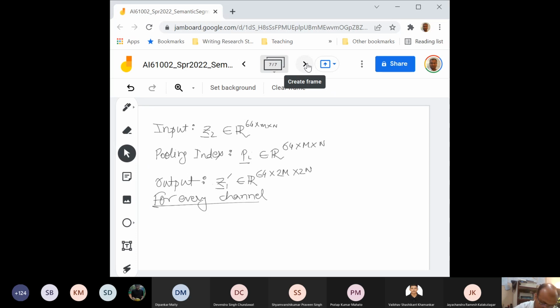So for every channel, for every output location, you have 2m cross 2n output locations over here. So for every such output location, you will be able to do so in the approach which I was telling. So there is one comparison, one assignment for every output location.